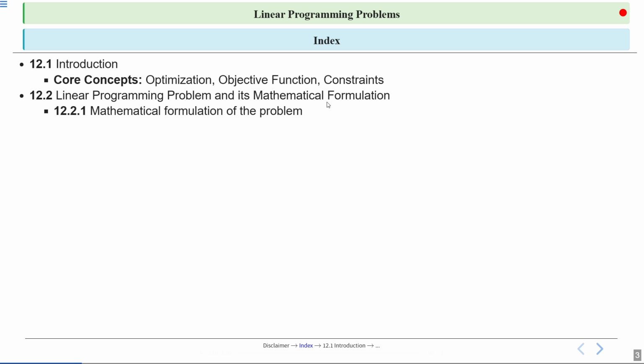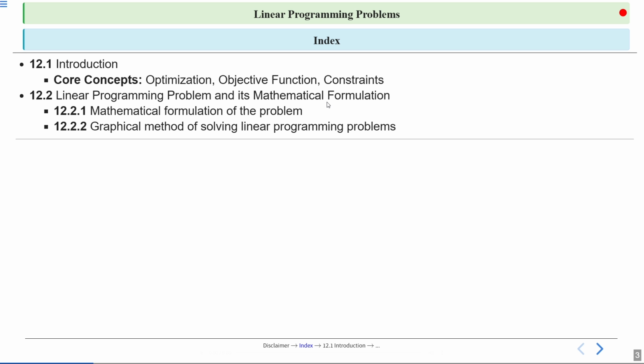After that, we will discuss 12.2.1 mathematical formulation of the problem. And finally, we discuss 12.2.2 graphical method of solving linear programming problem.